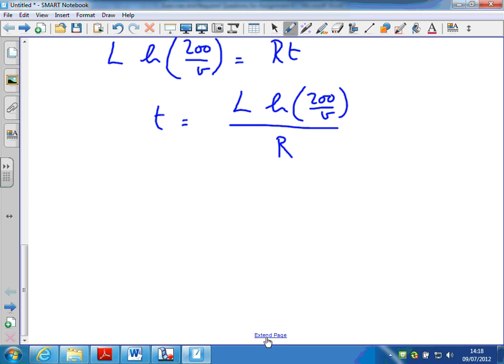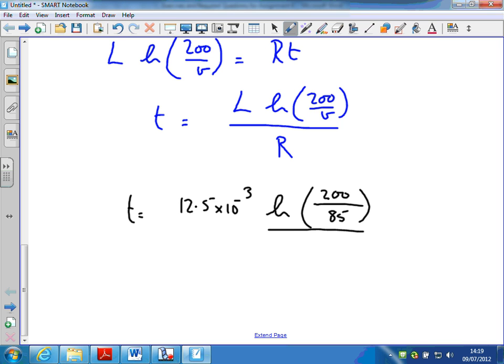So t equals L, which is 12.5 times 10 to the minus 3, times the natural log, and again hit the fraction button on your calculator so that you can write 200 over v, which is 85, all over R, which is 150 ohms.